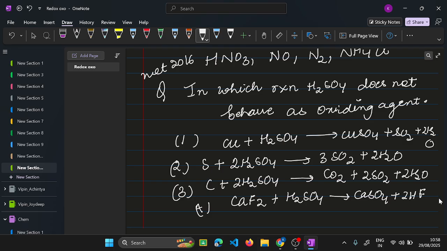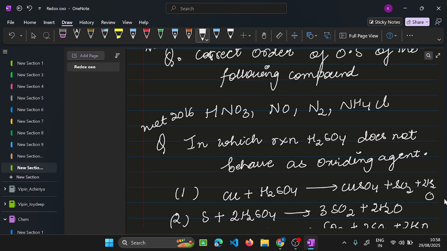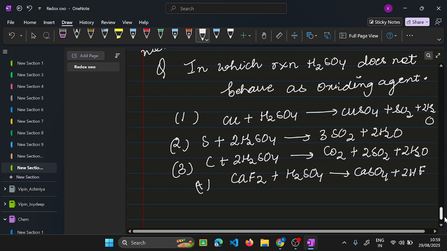For the earlier question, I'm getting the answer NH4Cl, then N2, then NO, then HNO3. Which was the higher one? Highest is HNO3. Then after that NO, then N2, and then NH4Cl. Very good. This is the order. See next question.